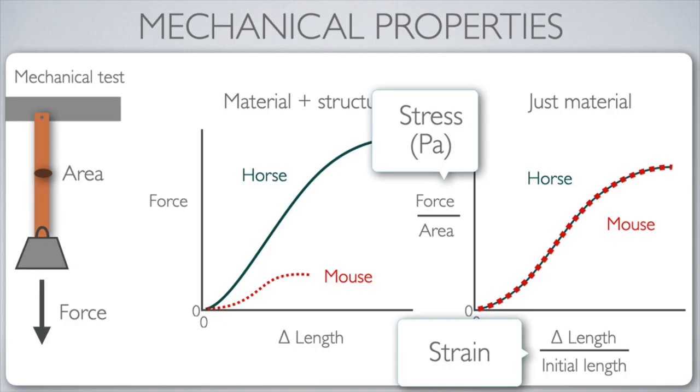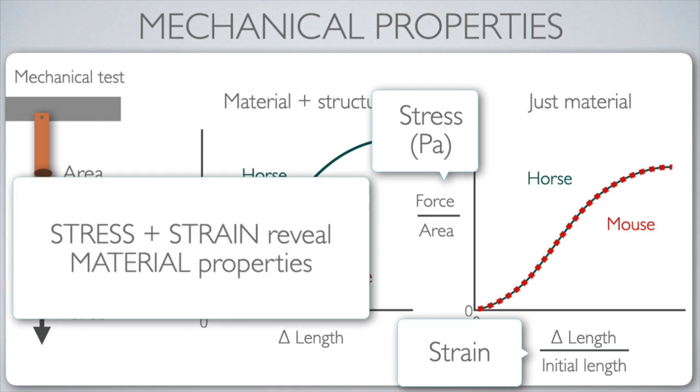Once we have removed the influence of structure from the differences in size between the two animals, we are revealing this consistency in their material properties. So stress and strain are the key to revealing the material properties of any particular biomaterial.